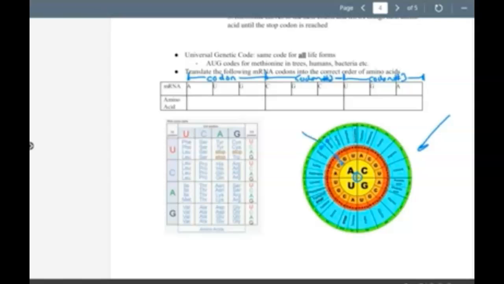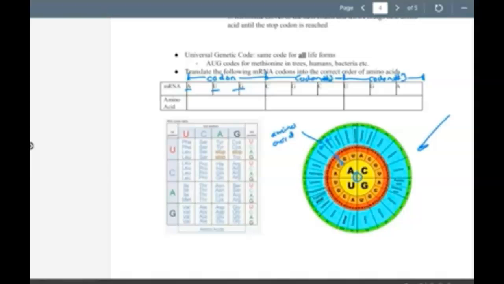If you don't think you'll remember what AA is, maybe we should write it down. Amino acid. Okay, and so the way this works is if my 3 letters are A, U, G, then I'm going to look for A in the first circle, U in the second circle, G in the third circle, and then the amino acid in the fourth. Okay, so let's look here.